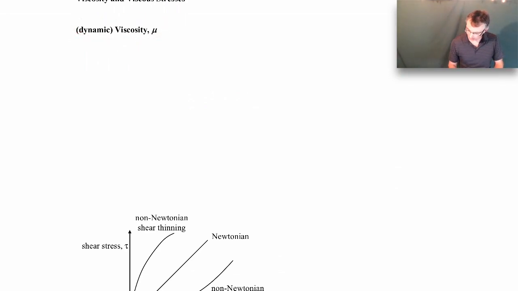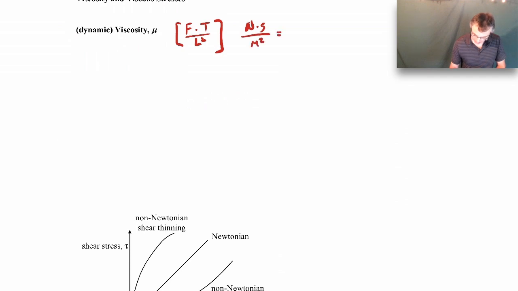Just to give you some common dimensions and units, the dimensions of viscosity are force times time over length squared. Common units would be Newton seconds per meter squared, which can be rewritten as Pascal seconds. That's a very common unit used for viscosity. In English units, it would be pound-force seconds per square foot, which is less common.